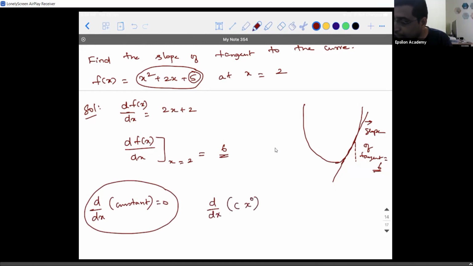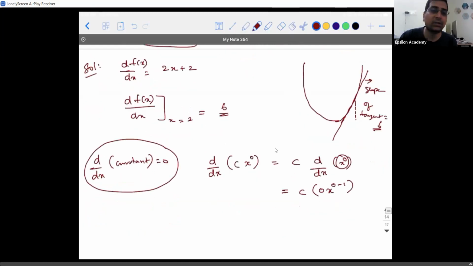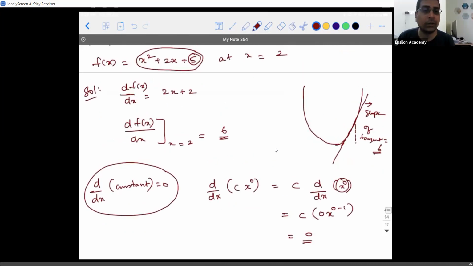Right? This will be c into d by dx of x power 0. So the derivative of x power 0 is going to be c into 0 into x power 0 minus 1. So what is the answer? It is 0. So that is the reason why the derivative of a constant is 0. So the derivative of 5 is 0.